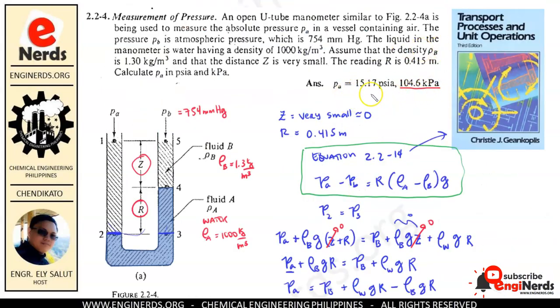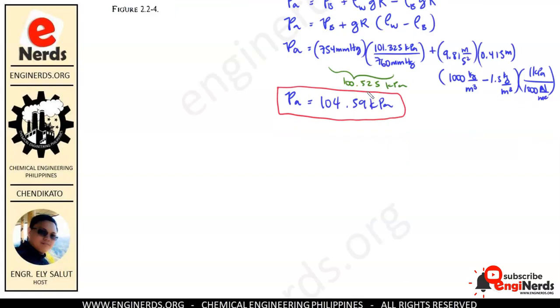Now, we're going to convert this into PSIA. So we have our PA is equal to 104.59 kilopascal times 14.7 PSIA over 101.325 kilopascal. Therefore, our PA is equal to 104.59 times 14.7 divided by 101.325.